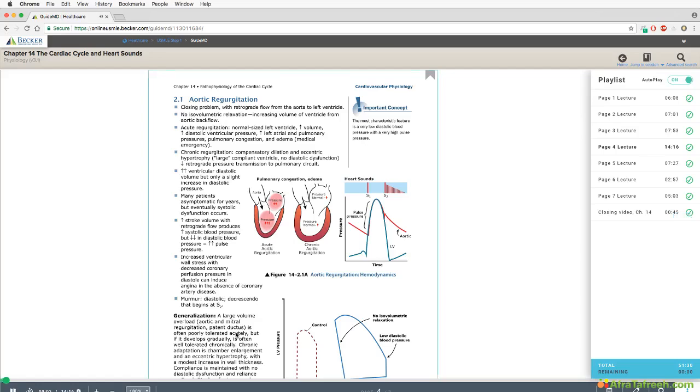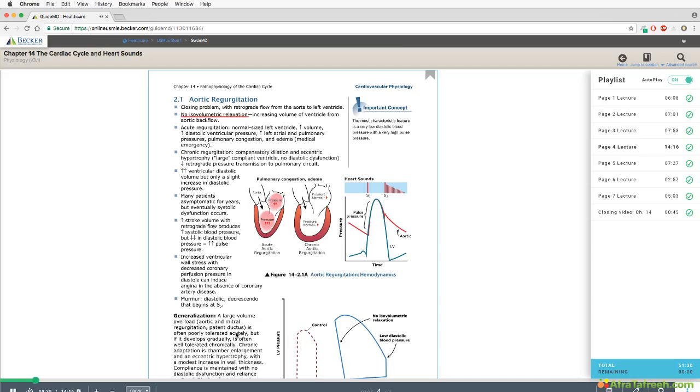Now, the last valvular problem to consider is aortic insufficiency or regurgitation. Now, the insufficiency is more difficult to understand than the stenosis. Now, aortic insufficiency, regurgitation, is a closing problem. Now, just thinking this through carefully, the aortic valve does not close properly at the beginning of isovolumetric relaxation.